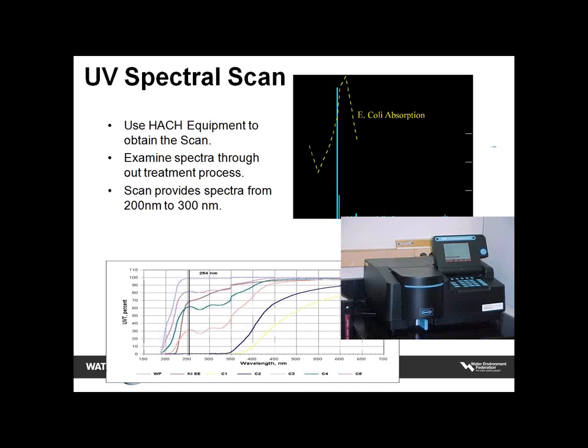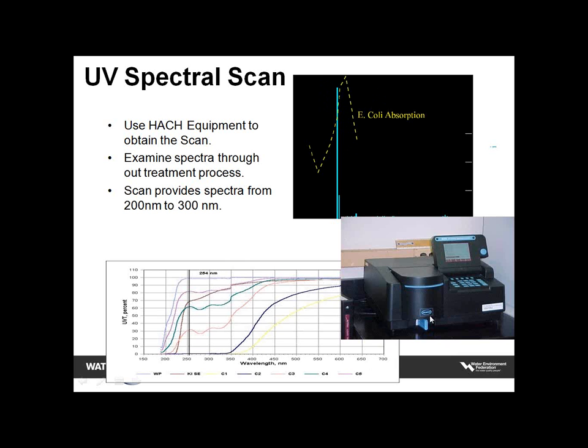This slide shows that information. The blue peak that you see is the output of a low pressure lamp, and 85% of that is in that 254 range, and you can see that it almost matches up with the absorbance range of E. coli. So that's really the key that we're trying to look at.